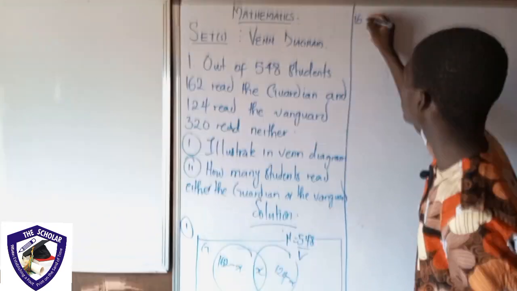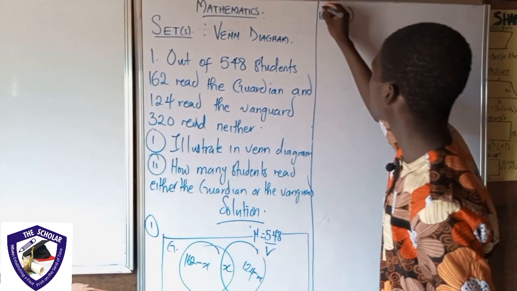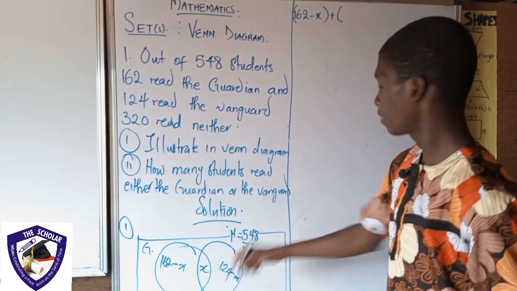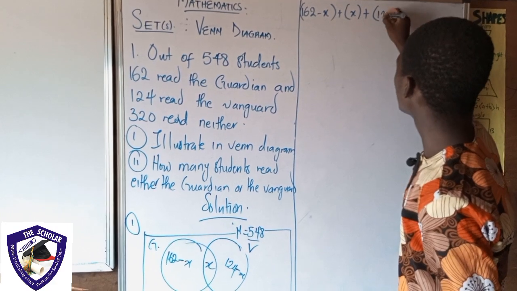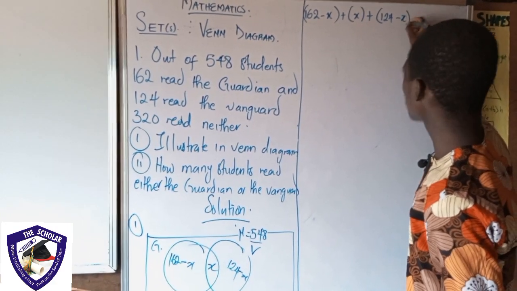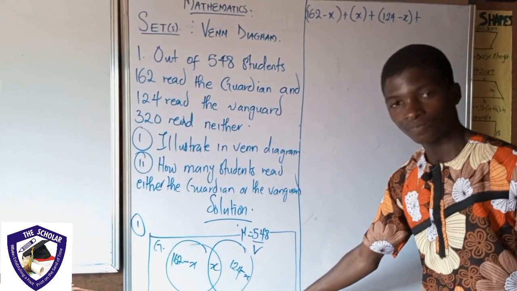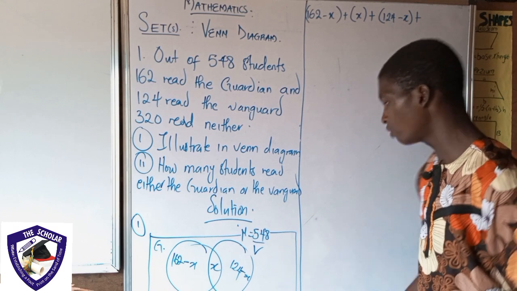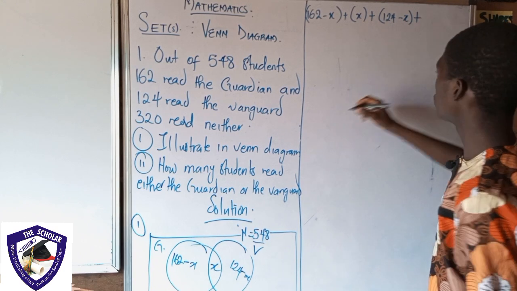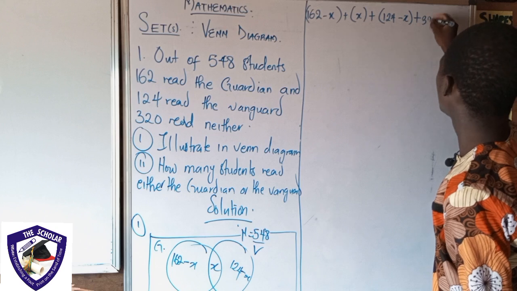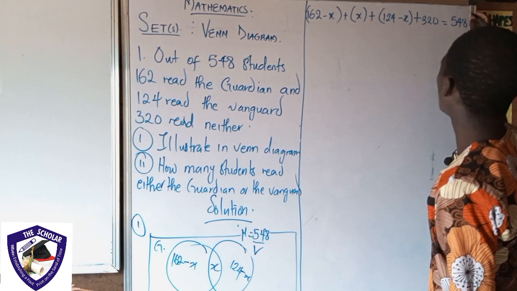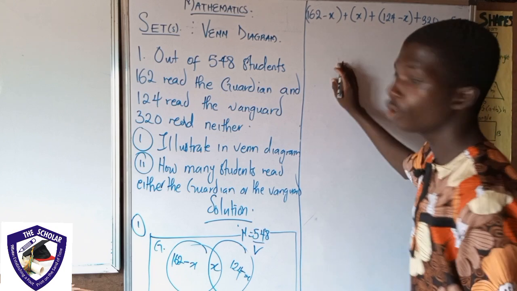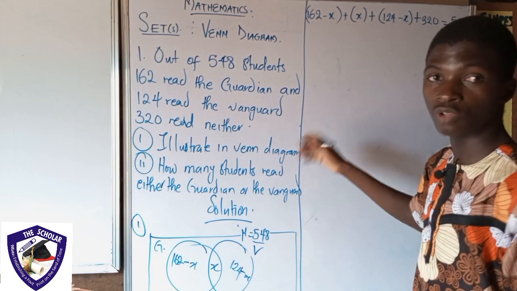You have 162 minus X, plus our X, plus 124 minus X, plus those that didn't even touch any of the Vanguard or our Guardian, plus 320. Then you equate it to your universal set, 548. Now, from here, all you need to do is to open your brackets as usual in mathematics.